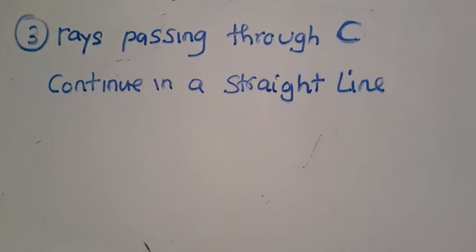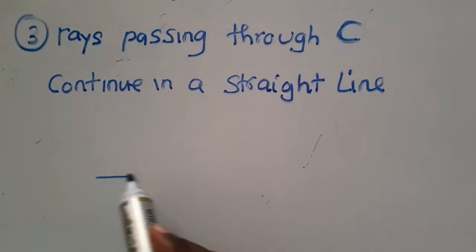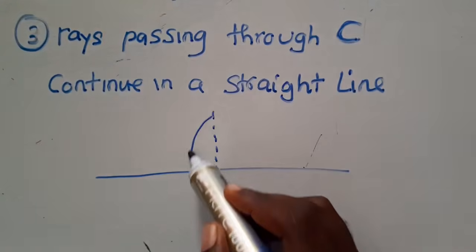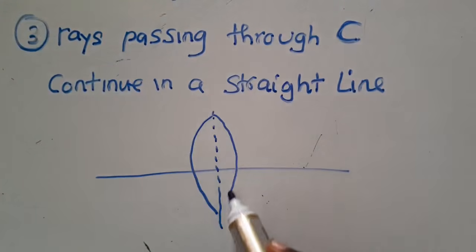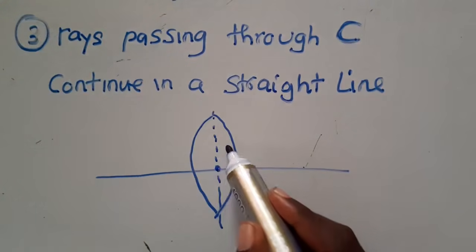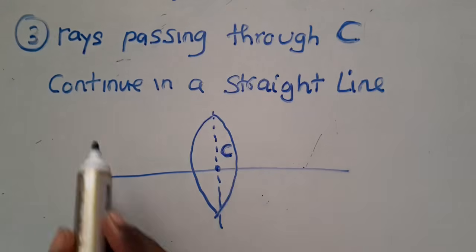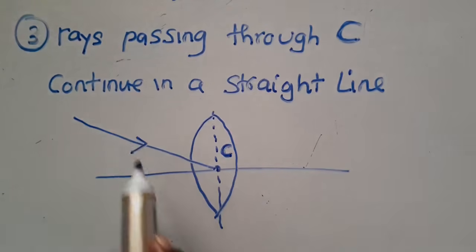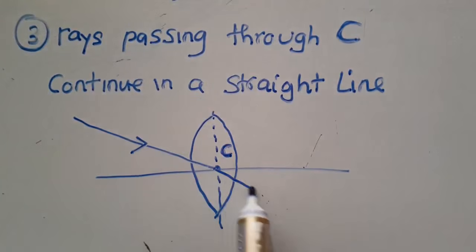So for example, principal axis, plane of the lens like this. Here is where I've got the C. So that passes through here. It is coming like that. Have you seen? It is going to continue in a straight line like this.